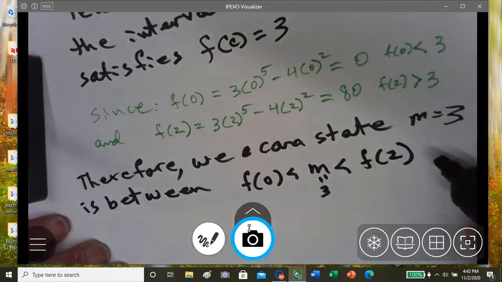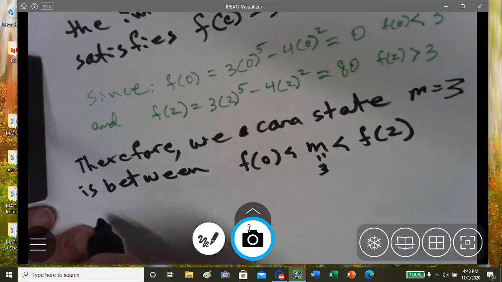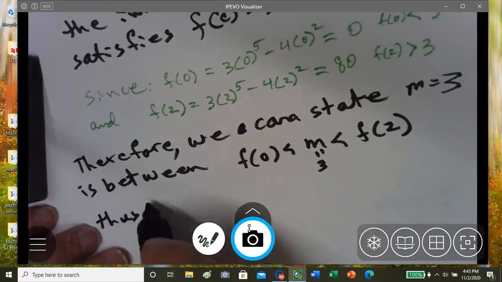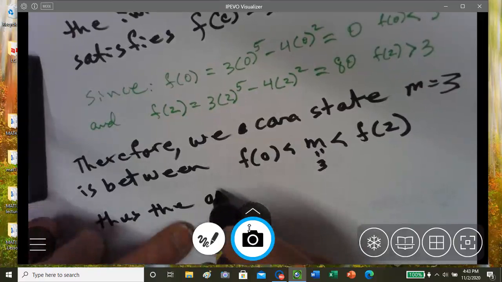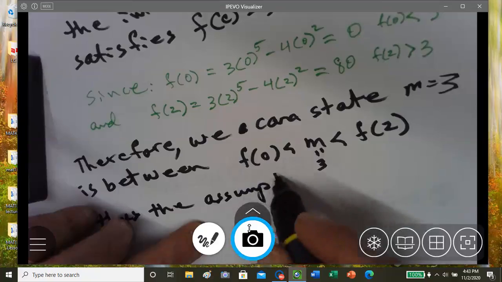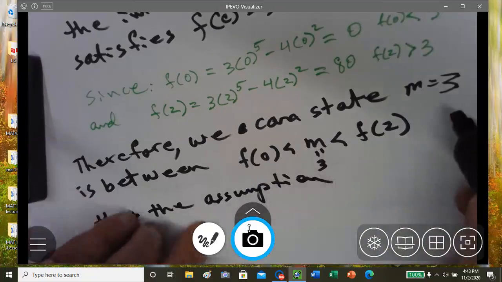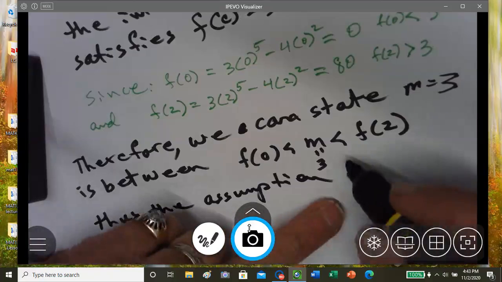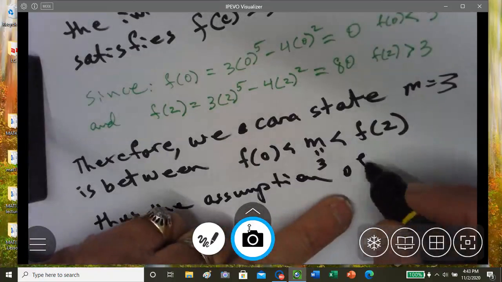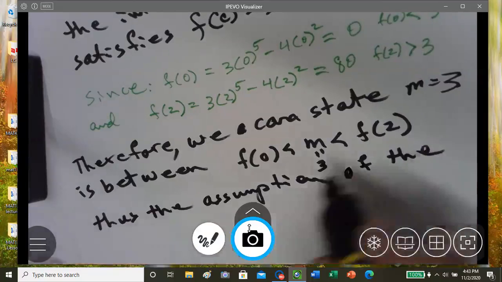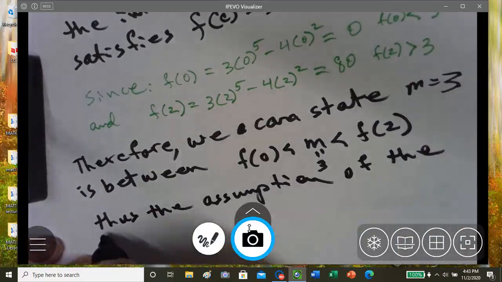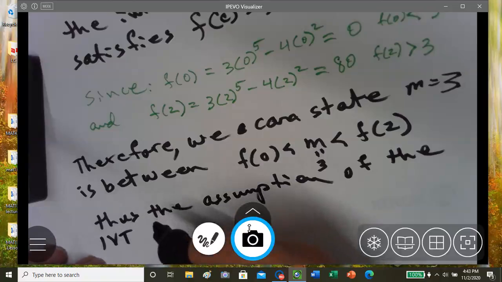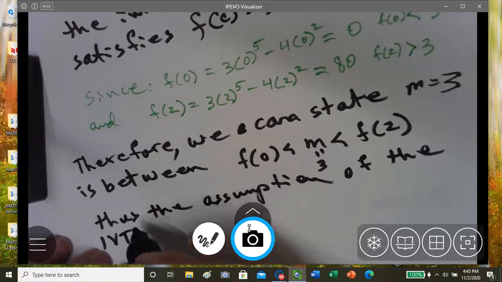And thus the assumption of the intermediate value theorem has been met.